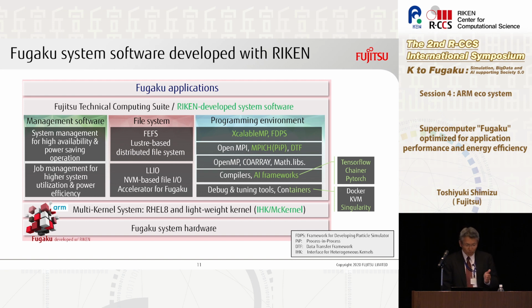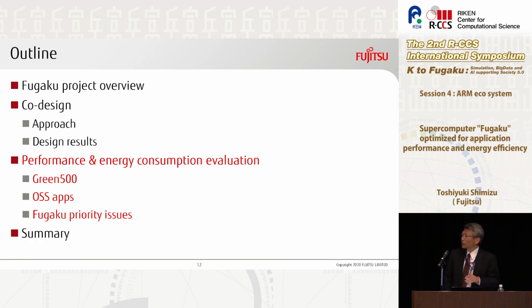And also, the management software supports the A64FX power knob capability, and also utilizes assistant cores for application performance. We will show the performance and energy consumption using the Green500 and other applications.